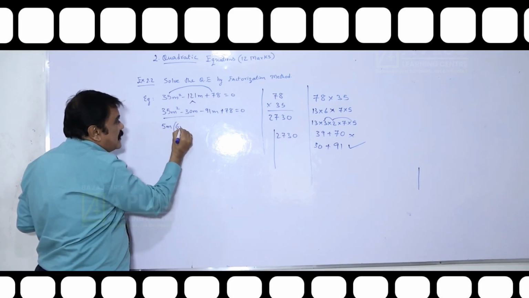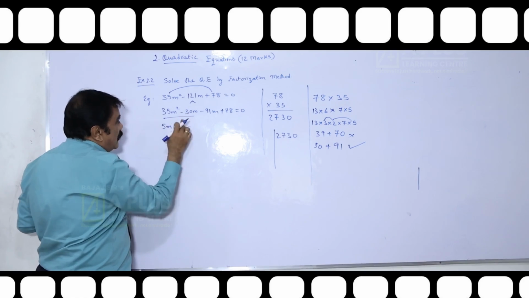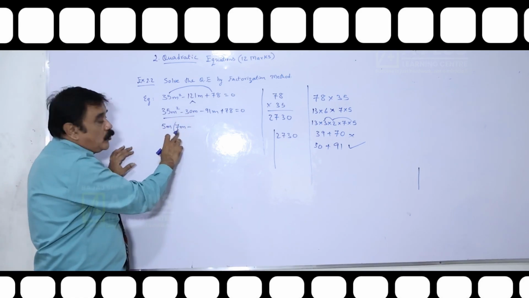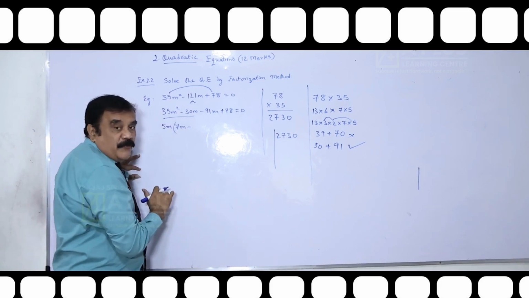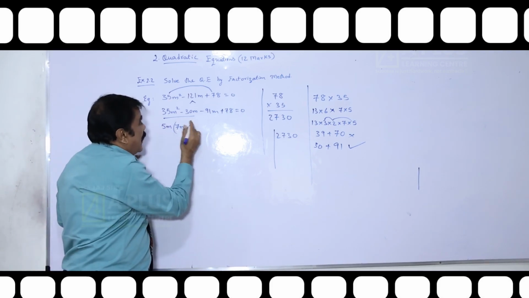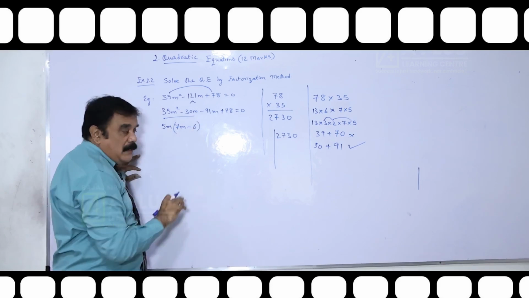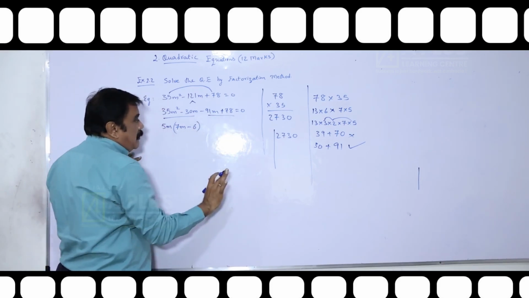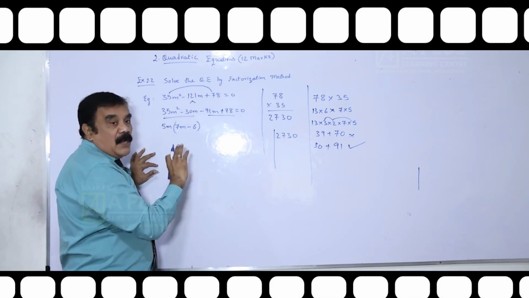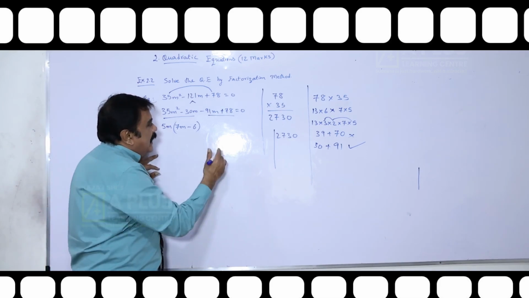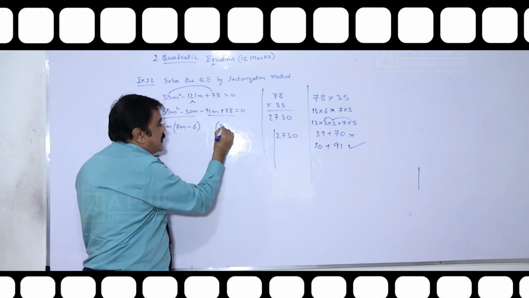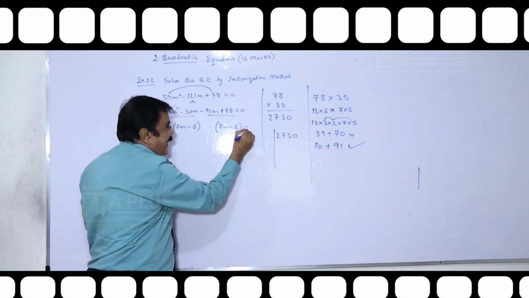Now I get 7m minus 6. Always remember, whenever we solve a quadratic equation, these two brackets are always the same. So I write 7m minus 6 directly.